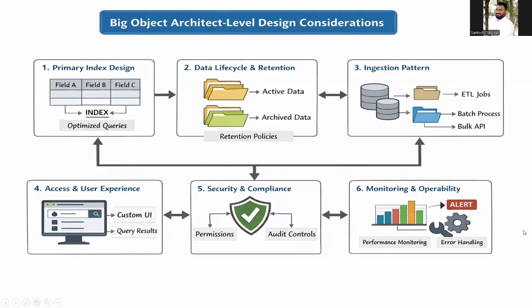Big objects support permission sets, but the sharing model is not the same as standard objects. Last one is monitoring and operability. At scale, you need to monitor for ingestion failures, monitor for query performance, alerting for index misuse, and retry strategy for bulk loads. Big objects are big, so your failure use cases are also big.